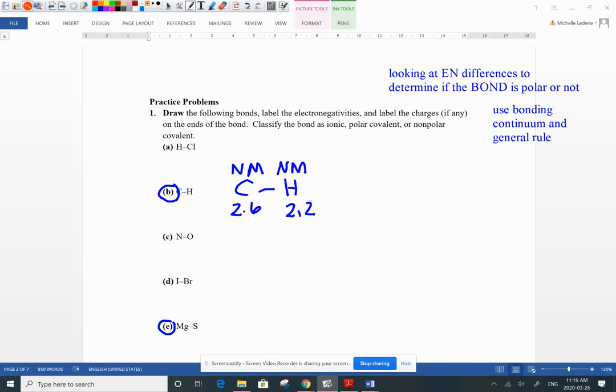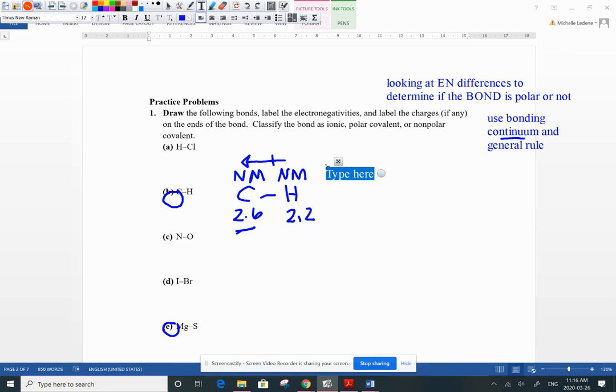So which one is the most electronegative? Well, it's going to be carbon, and so the electrons are going to go more towards the side of the carbon. But when you look at your bonding continuum and the general rule, you see that the change in electronegativity is 0.4.